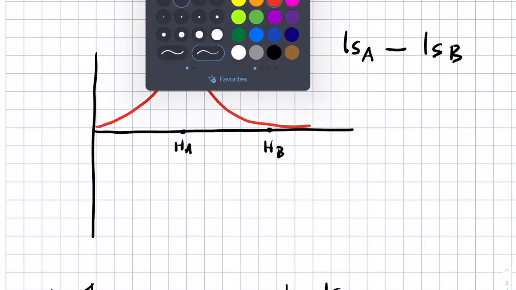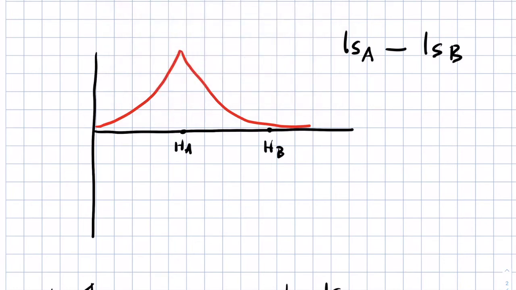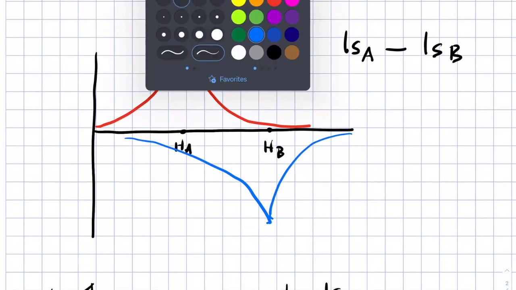If we were going to subtract the 1sb orbital from the 1sa orbital, we could first draw the opposite of the 1sb orbital. And, you know, if that were perfect, I would have gotten the magnitude correct. As it is, we'll just sort of hope for the best. Add these two together. What's going to happen?